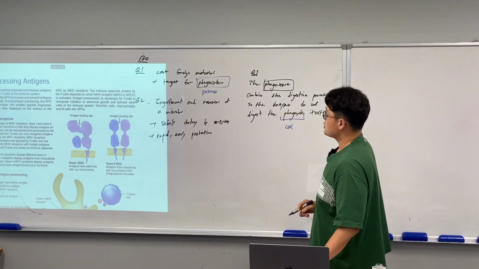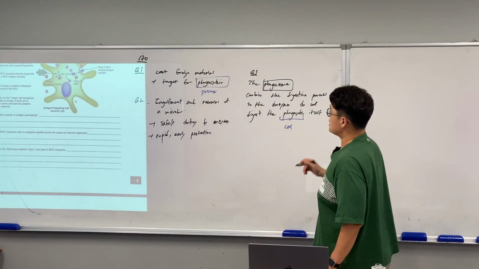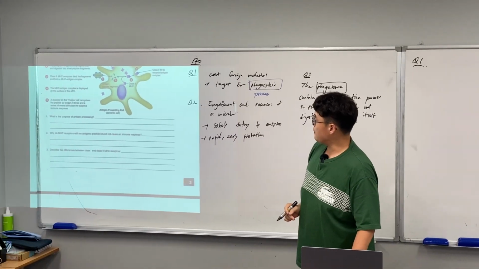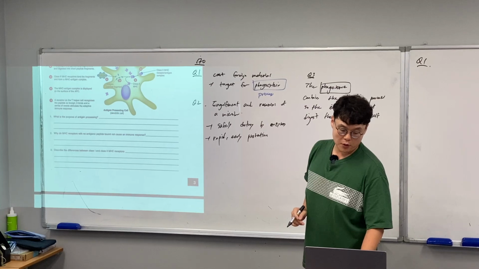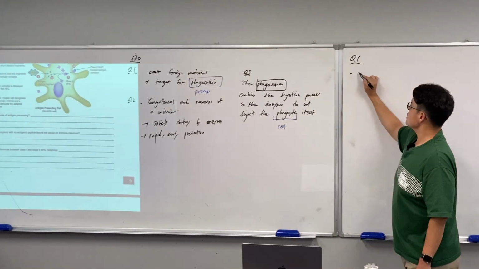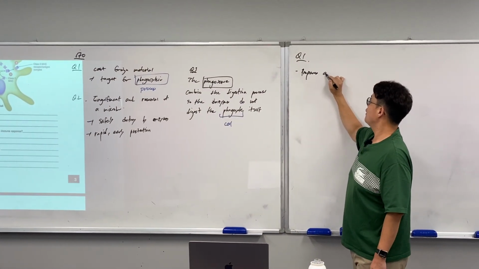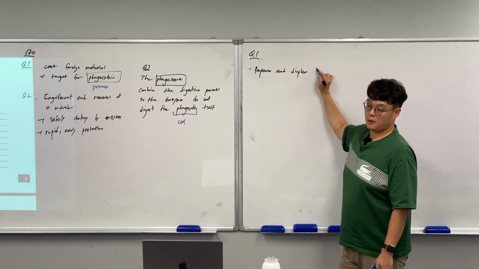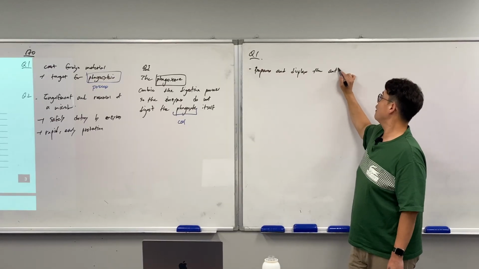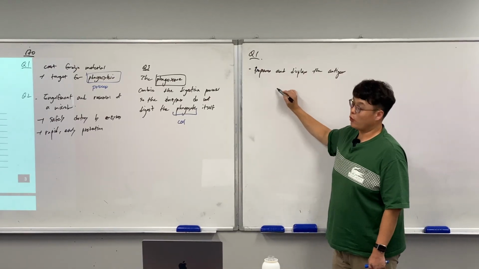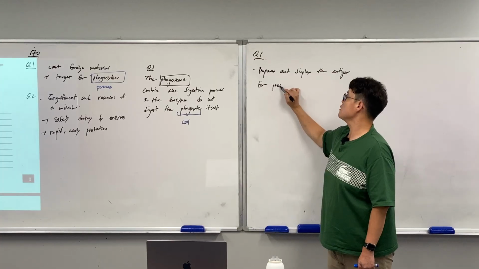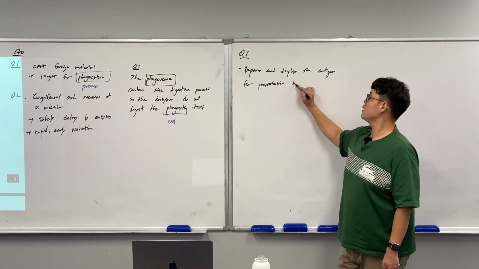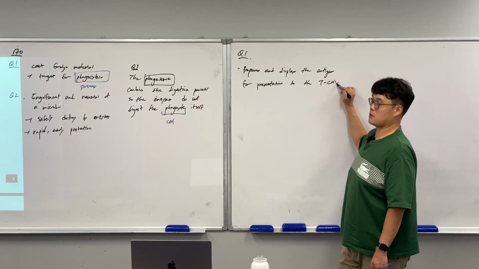Next page, processing the antigens. We talked about the MHC before we started this worksheet. Question 1: what is the purpose of antigen processing? Antigen processing prepares and displays the antigens for presentation to the T cells.